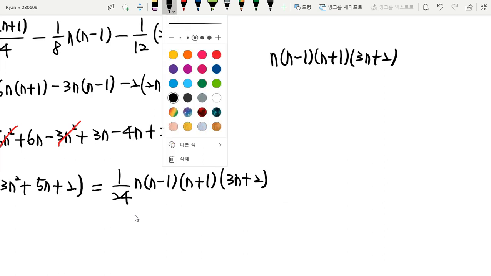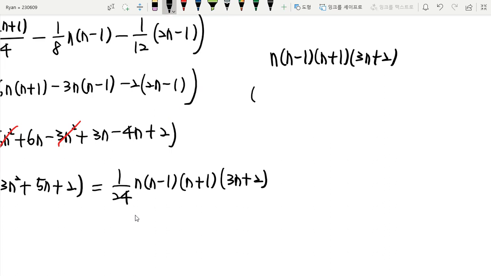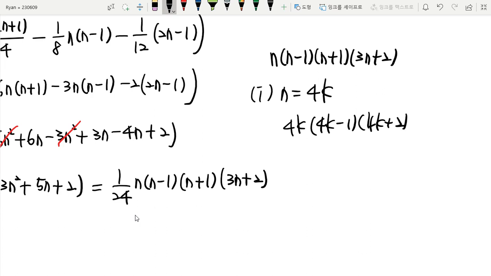So I'm going to think of 4 cases when n is divided by 4. So the first case is, let's say n is a multiple of 4, so that means n is 4k. In such case, the expression for this product is like this.